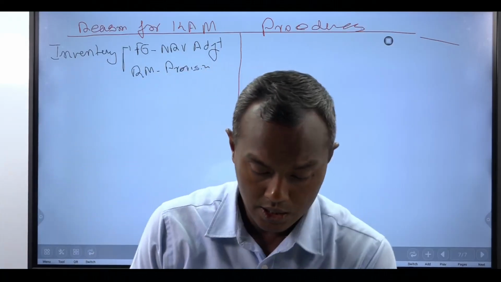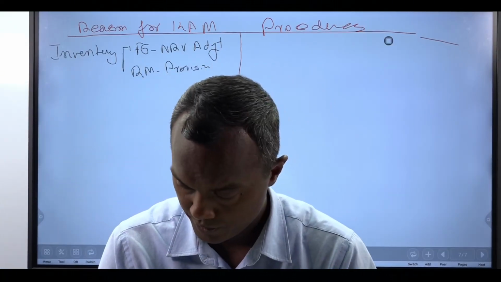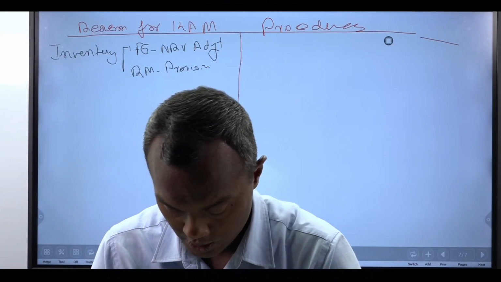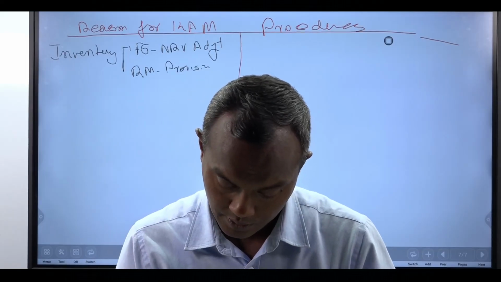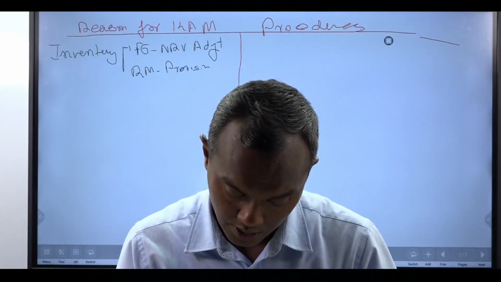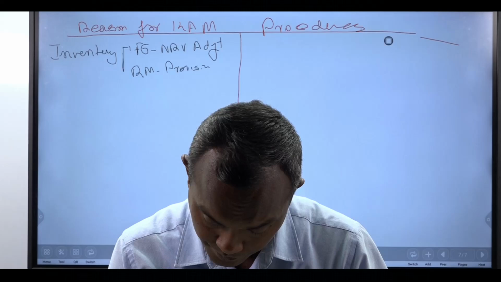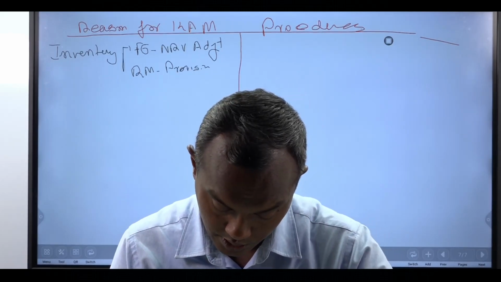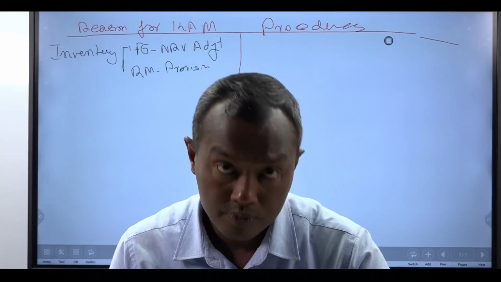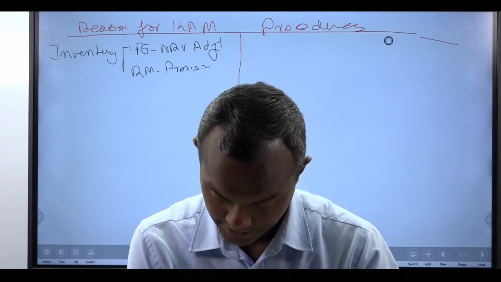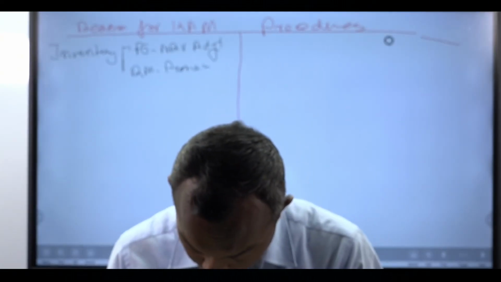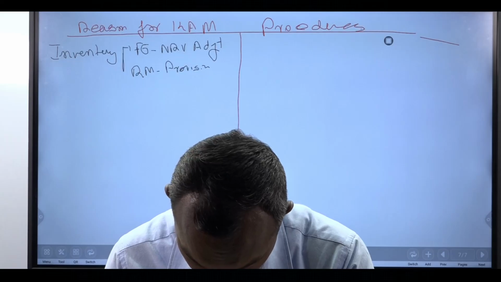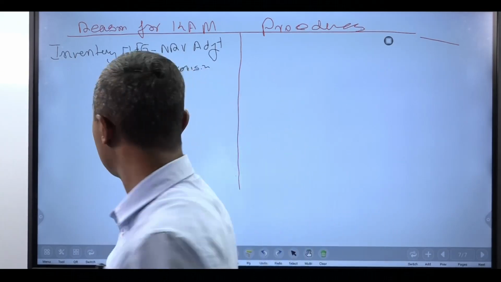So the value, if you see, that is 105 and, sorry, that's the value. Yeah, so that 85 million, right? NRV 105 and 85.